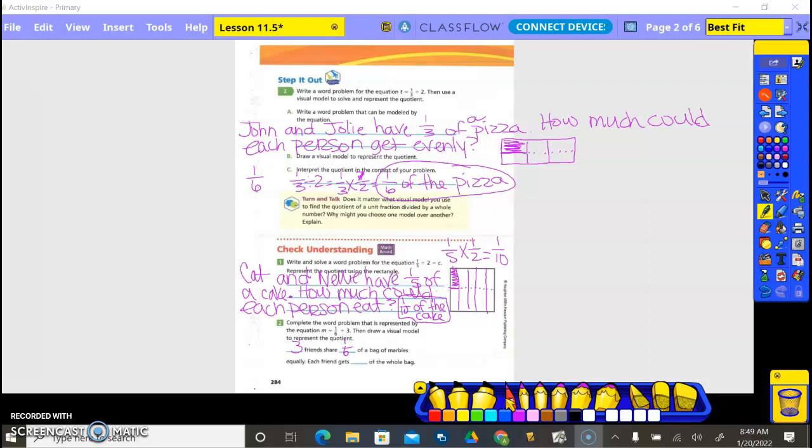Each friend gets, so our visual model, how many pieces do I break it into vertically? 3. Does the total always come first in the word problem? No. So what is our total? 1/6 of a bag of marbles.